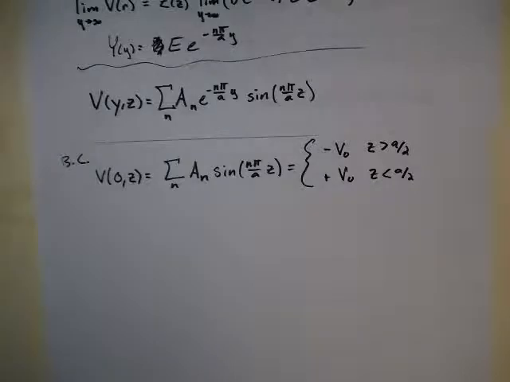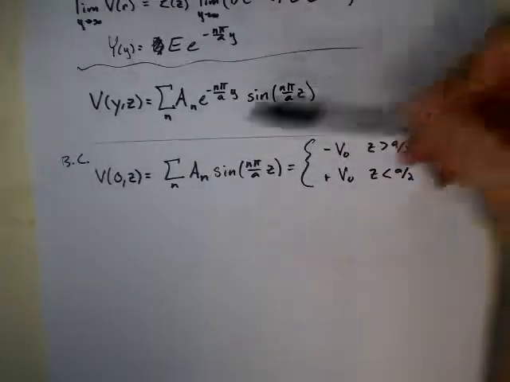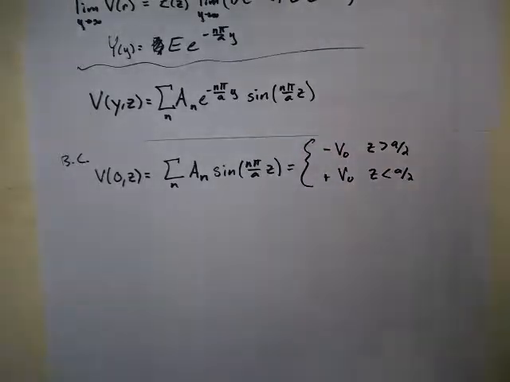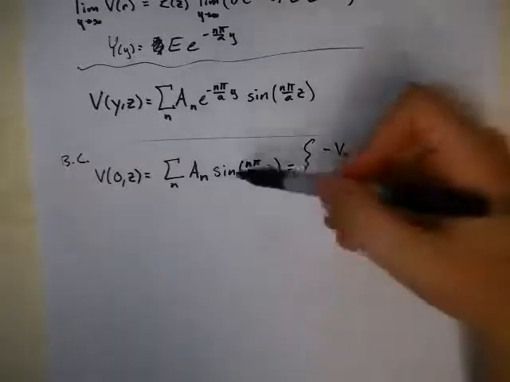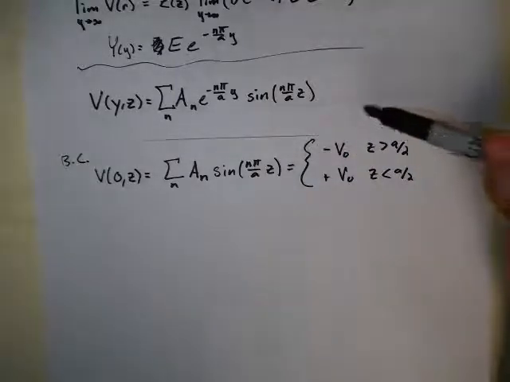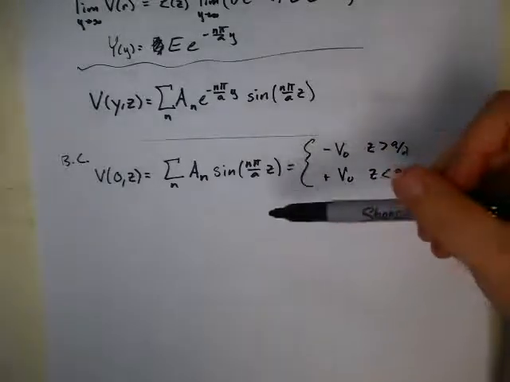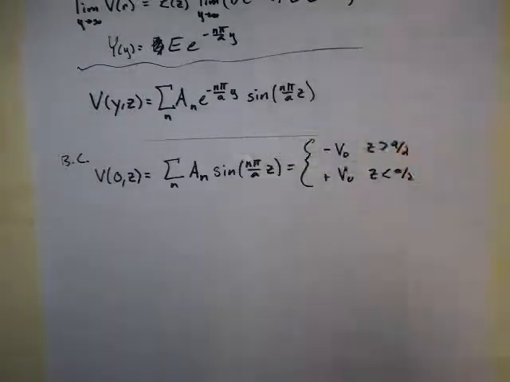And so now here we have a situation where the desire is to find these coefficients A sub n such that when I add together this sum, I get this piecewise constant function. A sum like this is known as a Fourier series. It turns out that you can make any piecewise bounded continuous function out of a Fourier series.